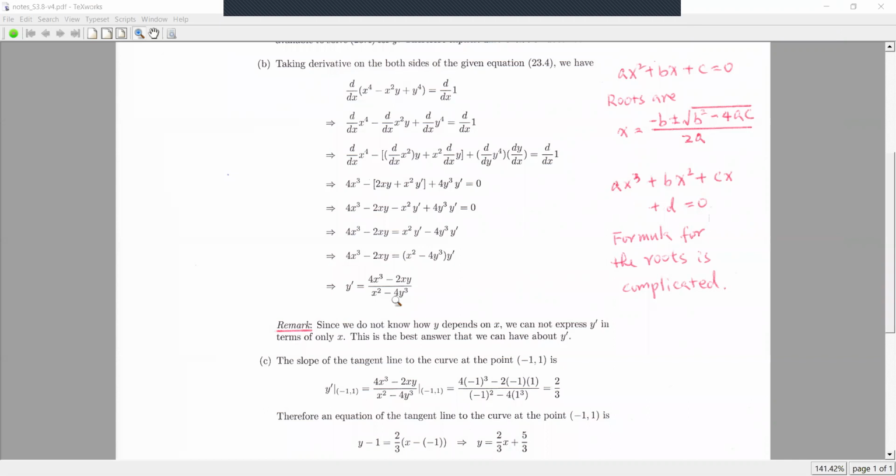Therefore, we cannot remove y from the result. We cannot express the result in terms of only x. So, containing x and y is the best answer to this example.